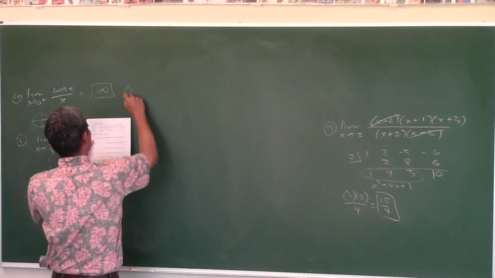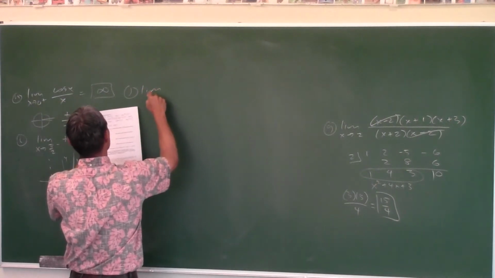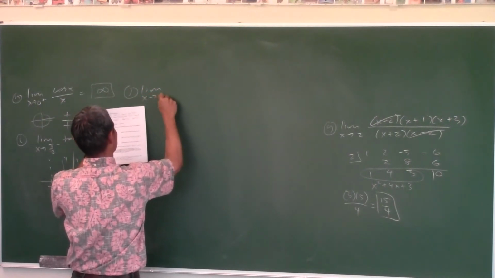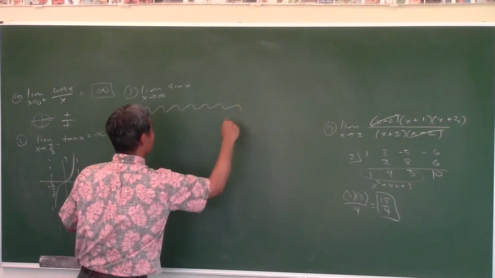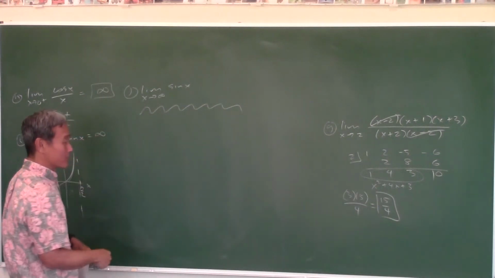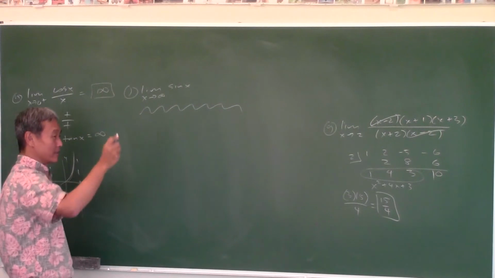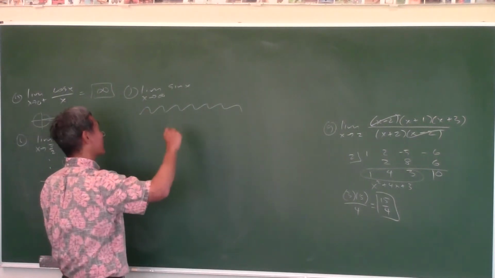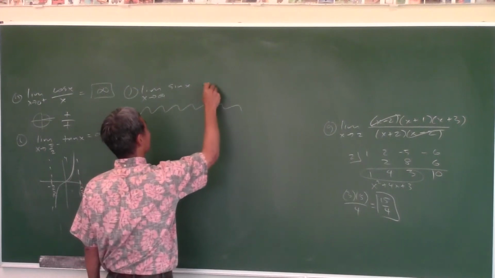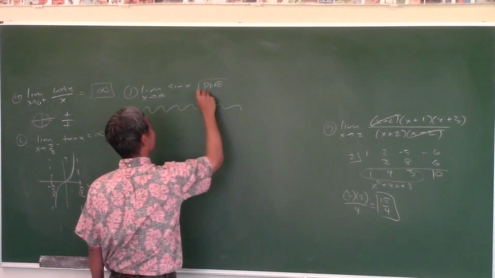Oh, come on, man. This is an insult to my intelligence, this problem. So, as the graph is going out to the right, because x is approaching infinity, this is sine x, right? Is it getting closer and closer to something? No, it's just oscillating back and forth, so the limit does not exist. Can I just write this?